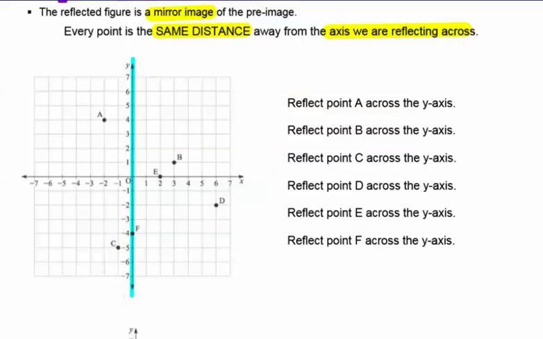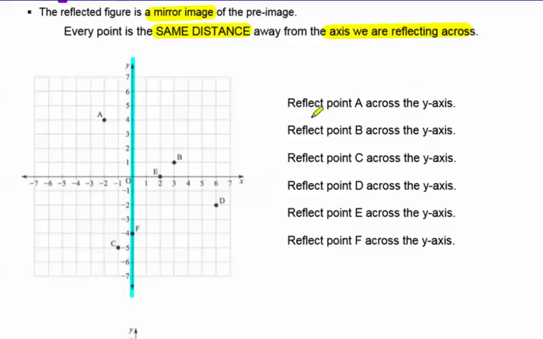So I highlight the y-axis, and now anything that's on this side is going to get moved to this side. It's going to be on the other side, the same distance away. Anything that was on this side will get moved to the other side of the y-axis.